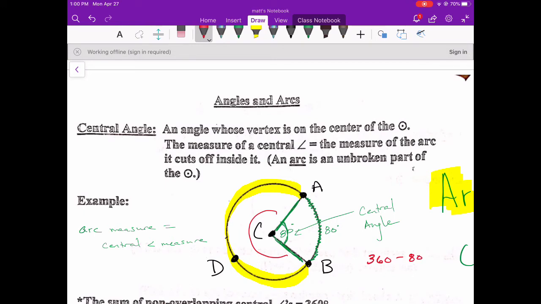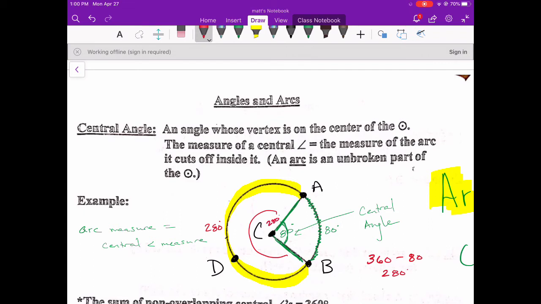If you do that subtraction, you get 280 degrees. So this big arc back here would be 280 degrees because 80 plus 280 is 360. And if that arc is 280, then this huge angle here would be 280 degrees as well.